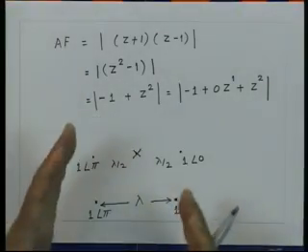So, though we initially started with a 3 element array because 2 nulls were required, by synthesizing this in terms of nulls, we find that 2 elements are enough to give you a null in the direction of phi equal to 0 and the direction phi equal to pi by 2. Since this is a 2 element array which we have already investigated, we can see what the radiation pattern for this would be.